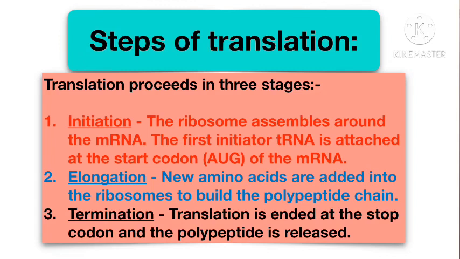In the second step, which is elongation, the amino acid chain gets longer as new amino acids are being added into the ribosome. And finally, during the termination stage, translation ends at the stop codon and the newly synthesized polypeptide chain is released. So with this overview, let me now explain the three stages in a bit more detail.